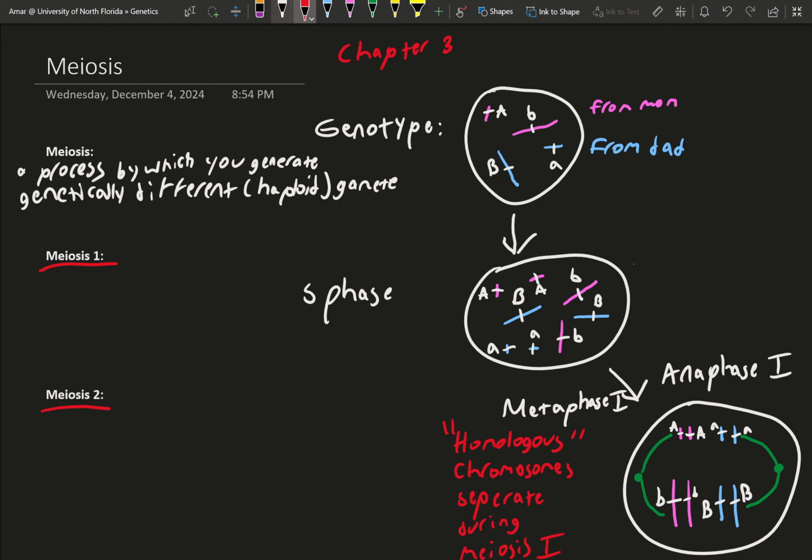There are some important things to know for meiosis 1. Meiosis 1 is where homologous chromosomes separate. Another thing that happens during meiosis 1 is something called crossing over, and this happens in prophase 1.